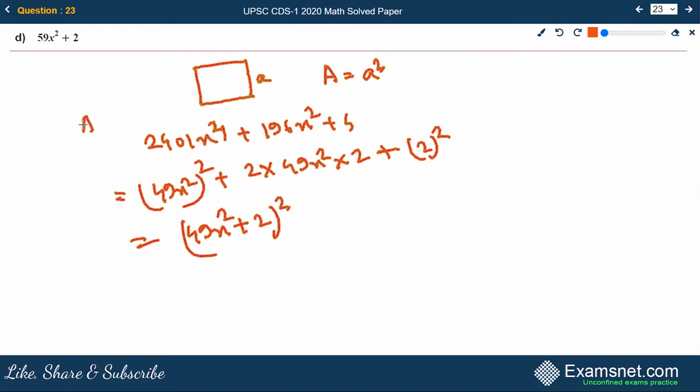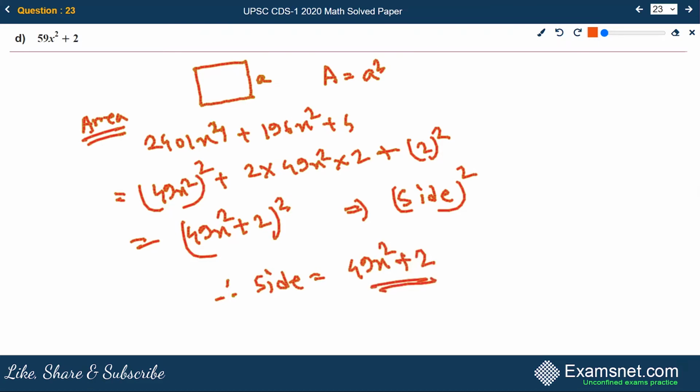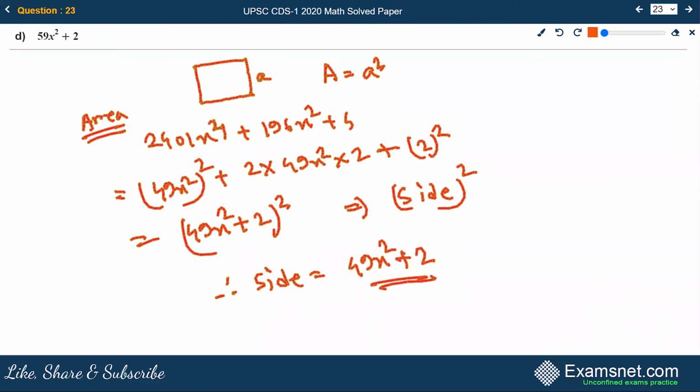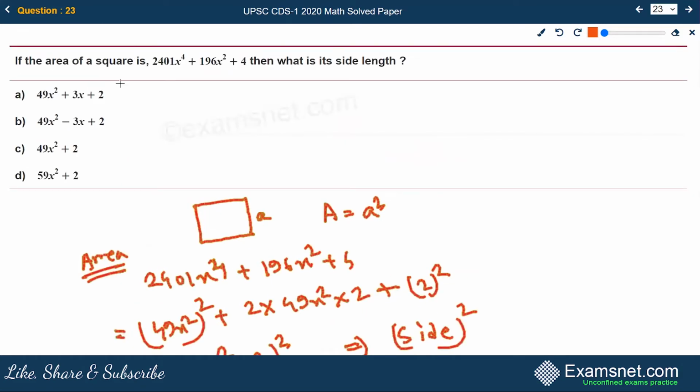So this is the area, correct? Area is the square of the side. Therefore, the side is 49x square plus 2. Option C is the correct answer here.